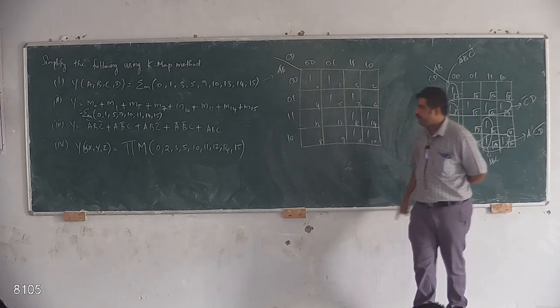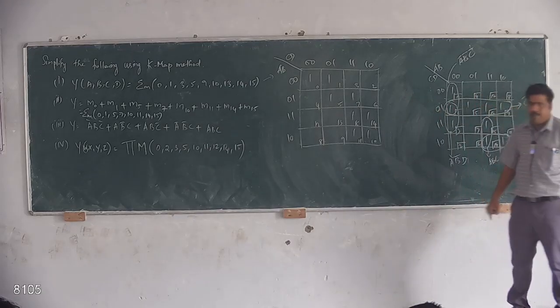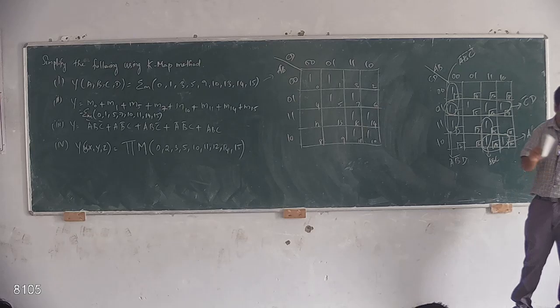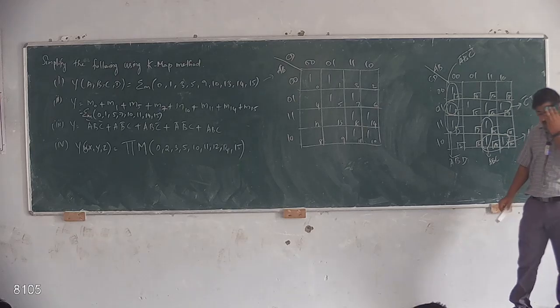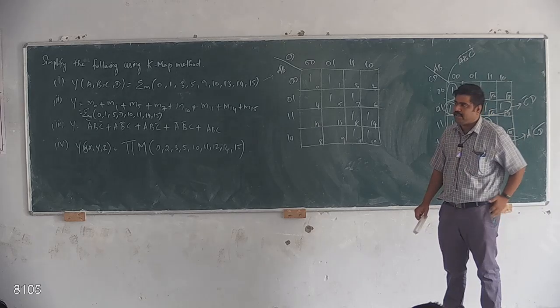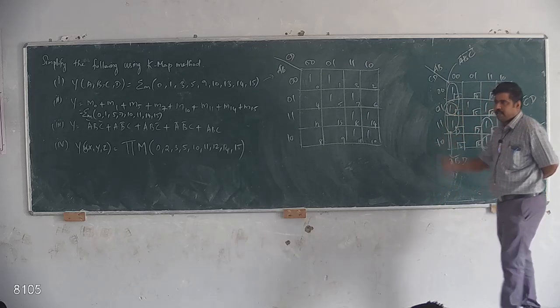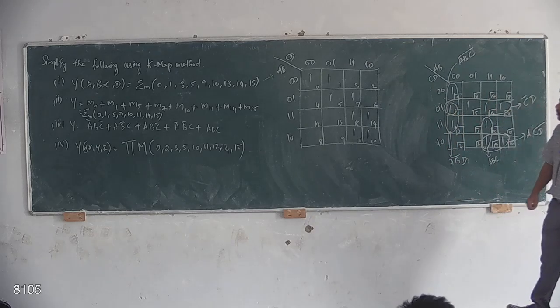Now we are going to combine this. First check for the 8-cell combination. 16 is mostly not possible, but an octet, an 8-cell combination, is possible. How many octets, how many quads, how many pairs, how many single cells? Only one single cell is there. Is a quad possible? Yes.